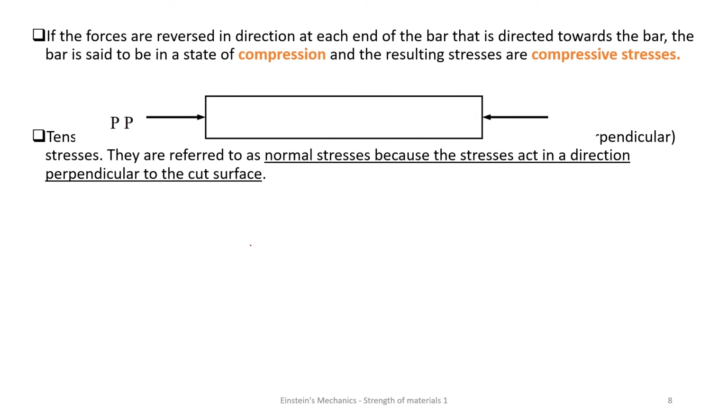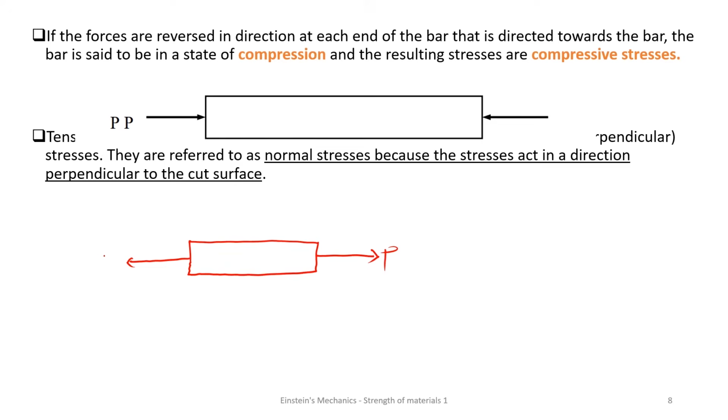Let's focus on compression and tension. From the beginning, I was talking about tension and compression. What does that mean? When a bar is in tension and when a bar is in compression, how do we know? Let's look at this force P acting on the bar.